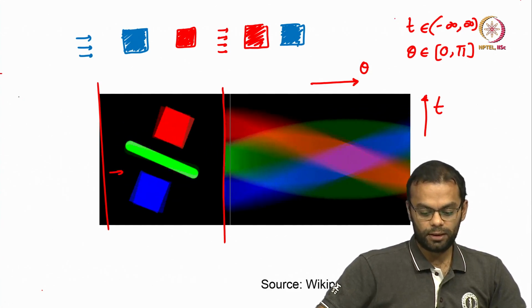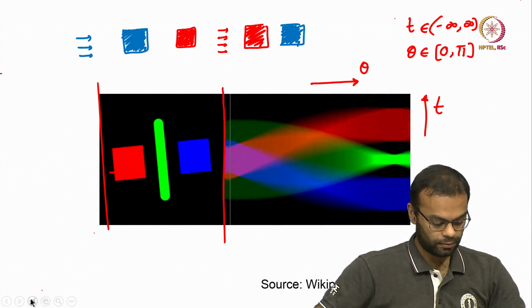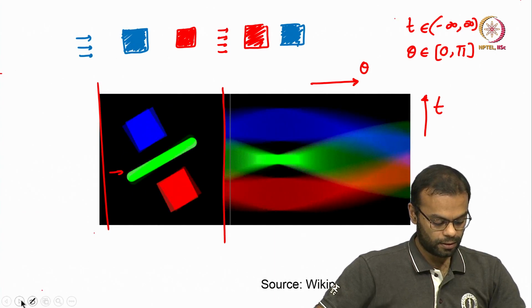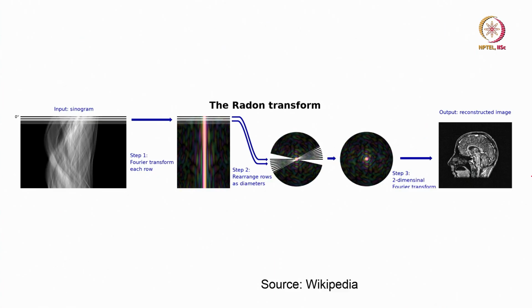Alright, so now I have here a full summary of the Radon transform. You have initially some cross section which you do not know about, so you do not know what this looks like, but you only have the sinogram, let us say, for a 2D case.